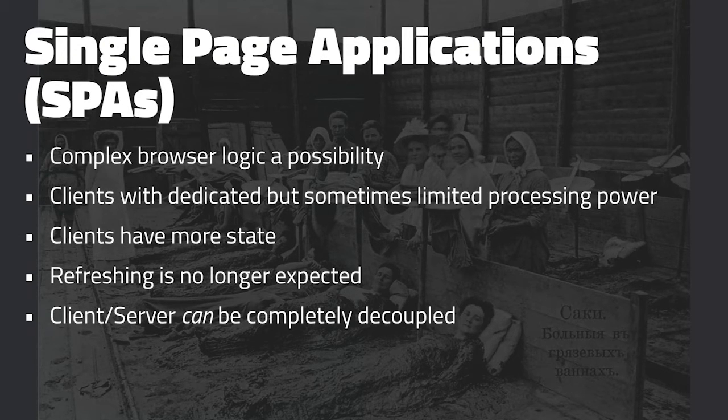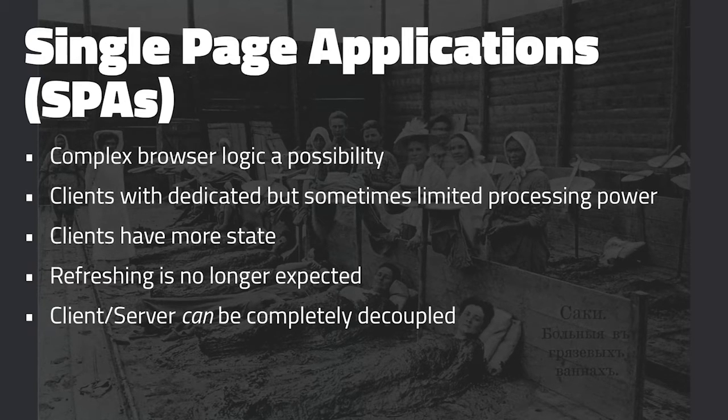So with all of this horsepower available on the client, it's suddenly possible to write pretty complicated single-page applications. You can do wonderful complicated things like longer array sorts and data mutation. You can get chunks of data back from the server and then iterate over them and produce smaller versions that are consumable by your views without impacting the user too much. You can count on your client having dedicated but sometimes limiting processing power.